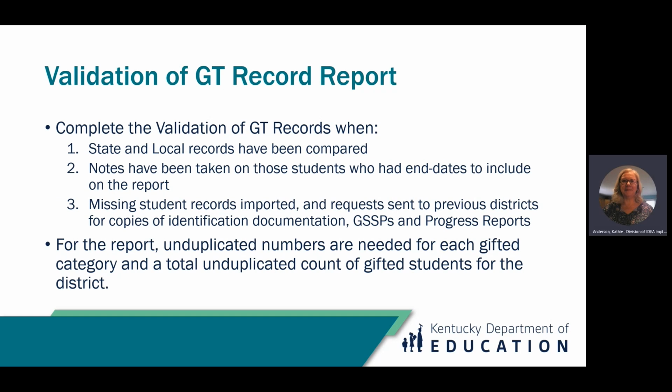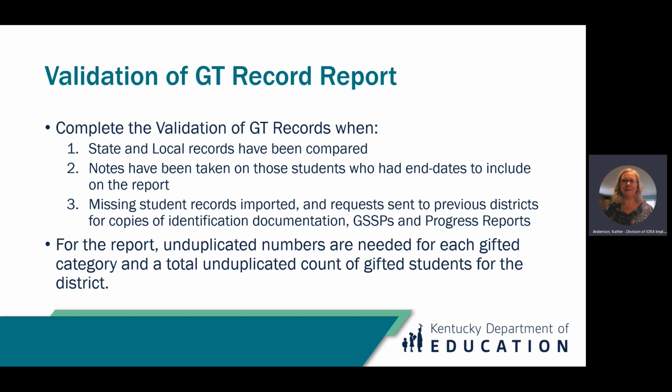Let's talk about validation of GT record report. Complete the validation of GT records when state and local records have been compared, notes have been taken on those students who had end dates to include on the report, missing student GT records have been imported, and requests sent to previous districts for copies of identification documentation, and GSSPs in progress reports also have been sent to the new district.